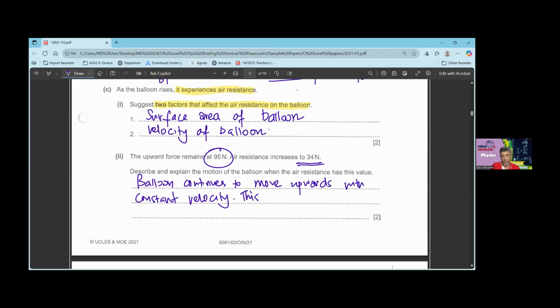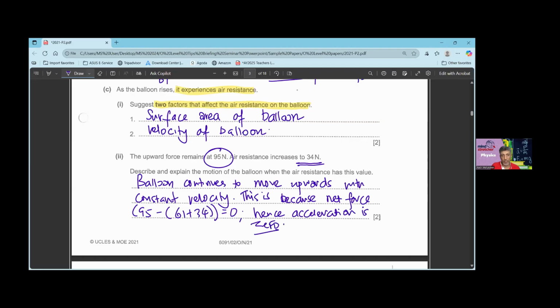This is because net force, we can put down 95 minus 61 plus 34 equals to 0. Hence, acceleration is 0.